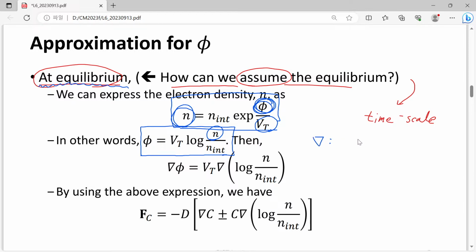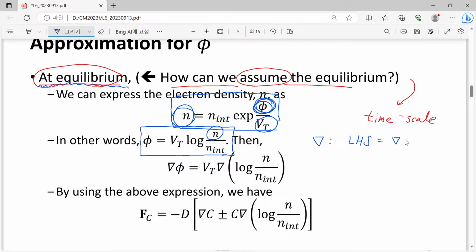On the left hand side you will have the gradient of phi, and the right hand side is the gradient of Vt log n over the intrinsic carrier density. We assume that temperature is constant over our wafer, so we can put it down here.